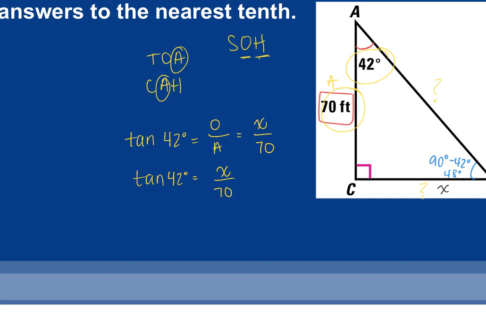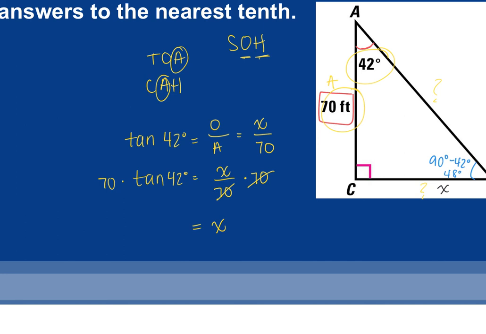Now all we have to do is solve for x. As I said before, multiply by the denominator. So we multiply by 70 on both sides. Therefore, the 70s will cancel, and we get x by itself. So x equals 70 times the tangent of 42 degrees.